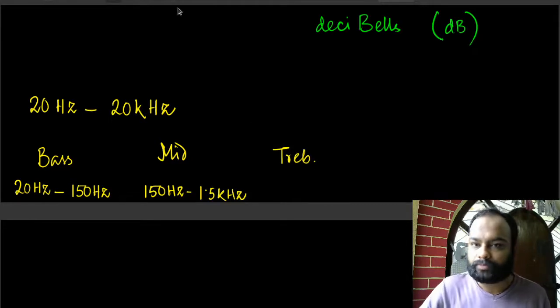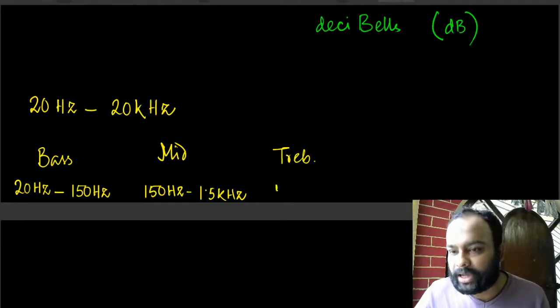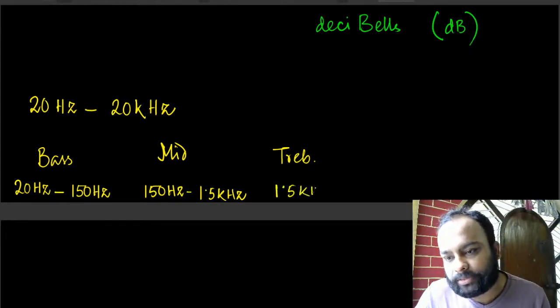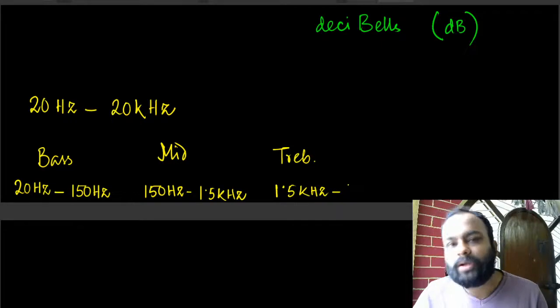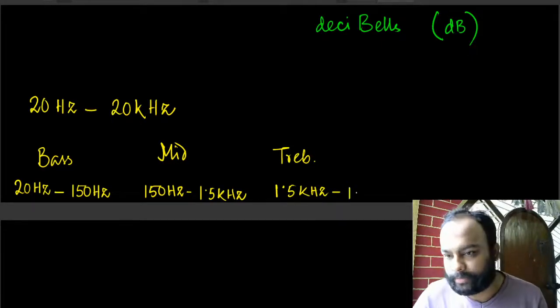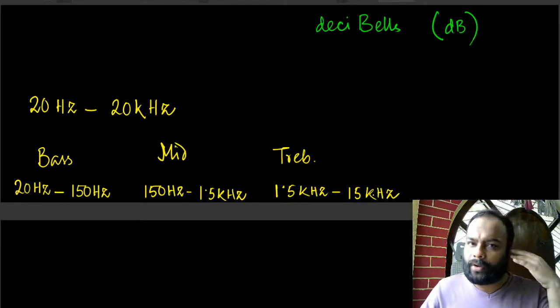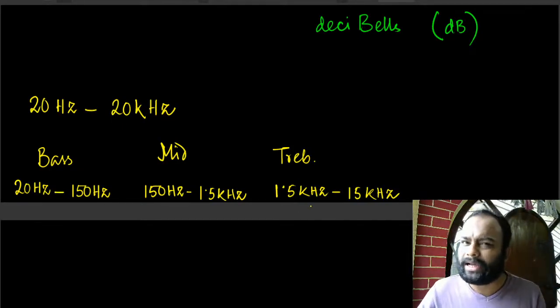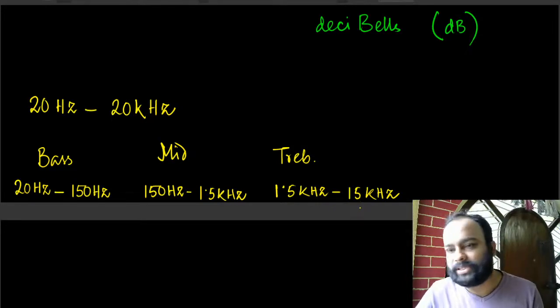And the treble frequencies are from 1.5 kilohertz to 15 kilohertz and more, for example. I'm saying 15 kilohertz because our human ears cannot really hear higher frequencies. If I make you hear frequencies above 15 kilohertz, it would be hard to hear.